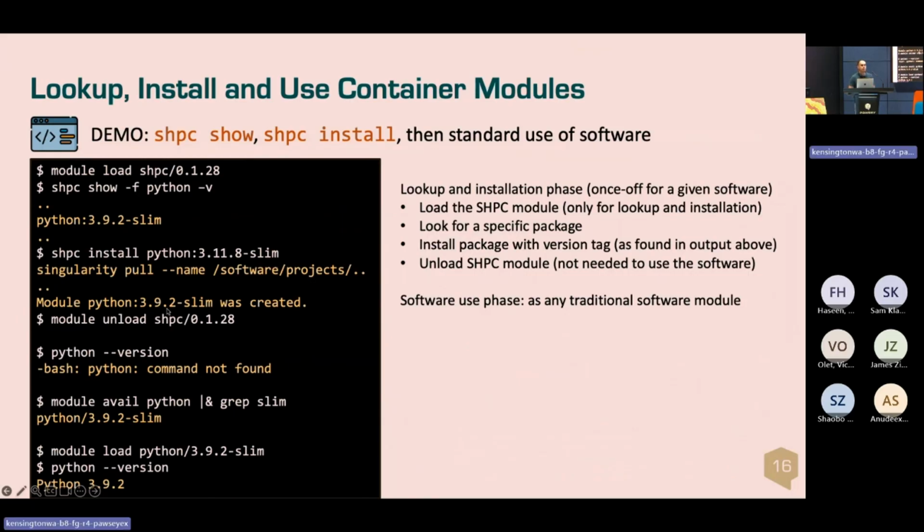This is one particular container module that is available to install. And then what happens is the container is downloaded and the module is installed. All you have to do is load that module, and then you will have that Python available. The same as with TensorFlow.